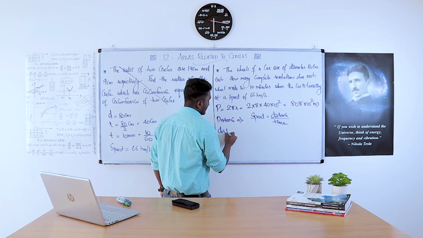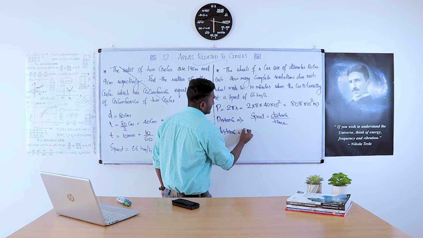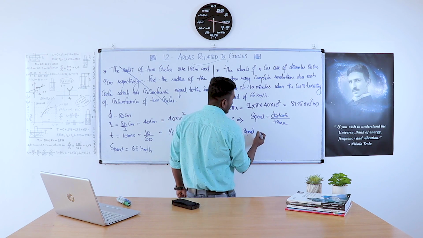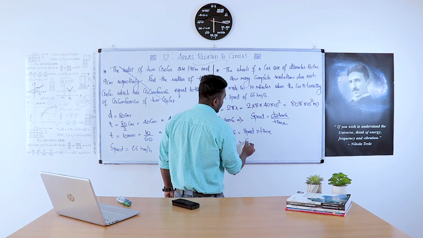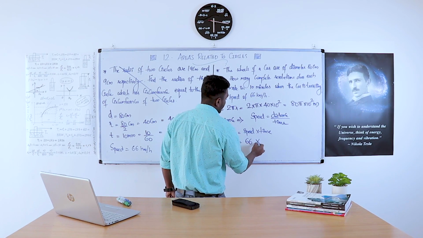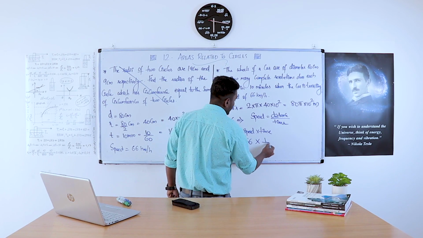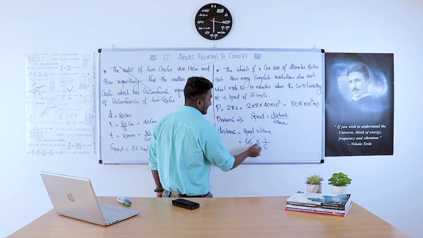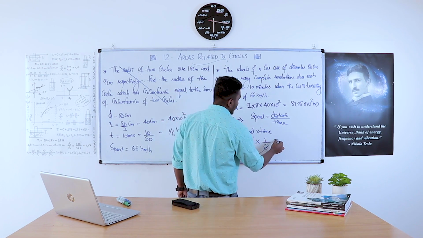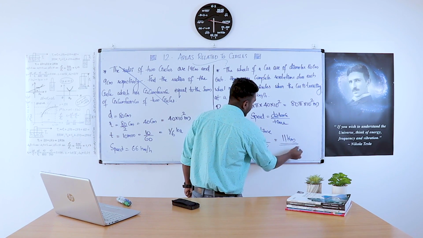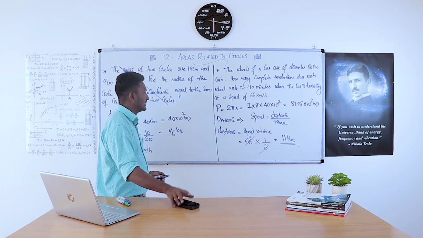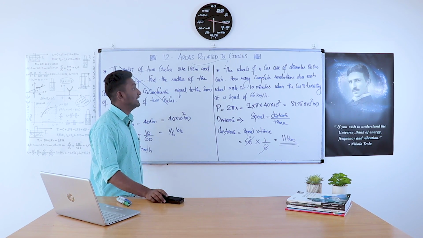Therefore, distance is equal to speed into time. Speed is 66 km per hour into time 1 by 6. So what is 66 by 6? It is 11. So simply we can say that the car travels a distance of 11 km.